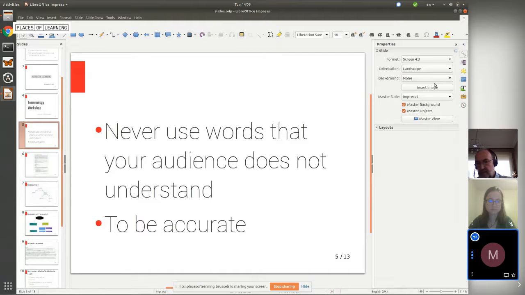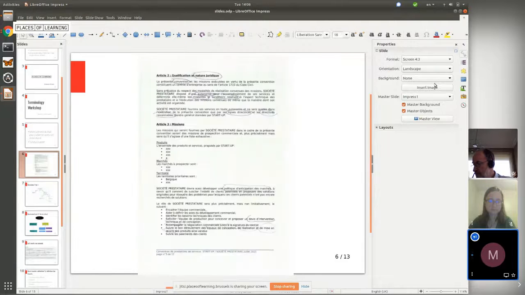So how does this methodology work? First we start by circling words. Basically, we pick up a legal text and we go word by word, and we circle the words that we think are not clear.